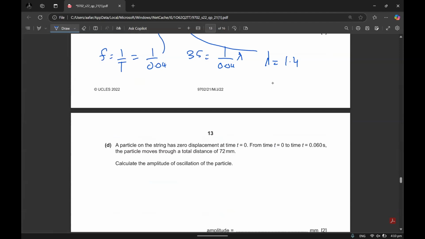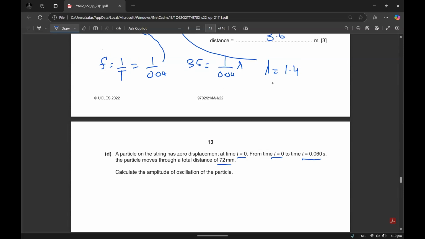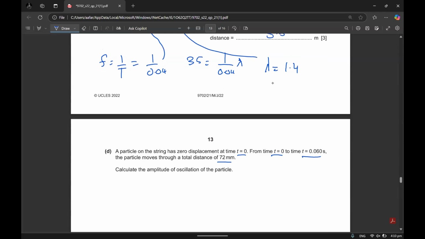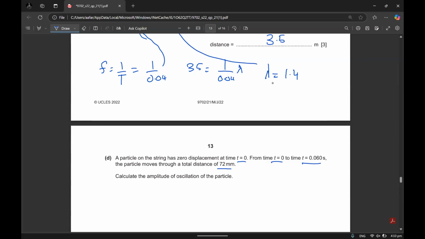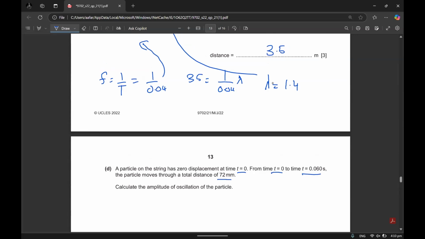A particle on the string has zero displacement at time t equal to 0. From time t equal to 0 to time t equal to 0.06, the particle moves through a total distance of 72 millimeters. Calculate the amplitude of the oscillation of the particle.